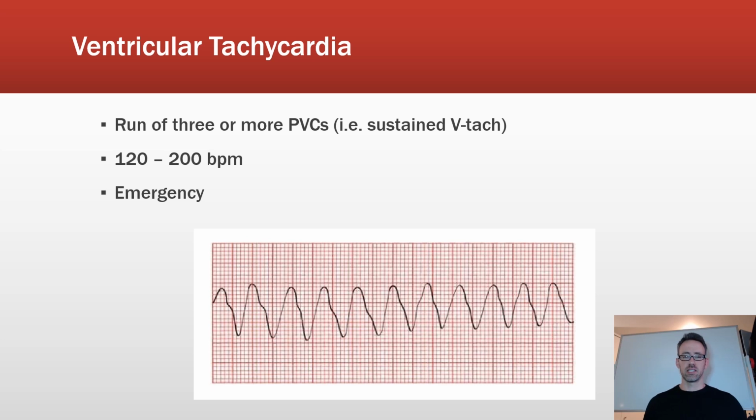But it is concerning to have ventricular tachycardia, or VTAC, because this is what's generating most of the force to propel blood out of the heart into systemic or pulmonary circulation. So this is why I categorize this as an emergency.